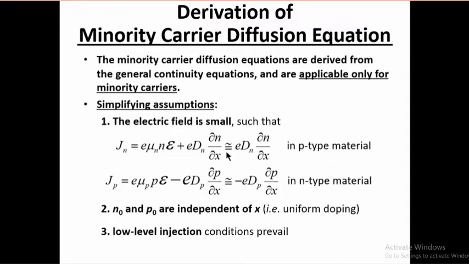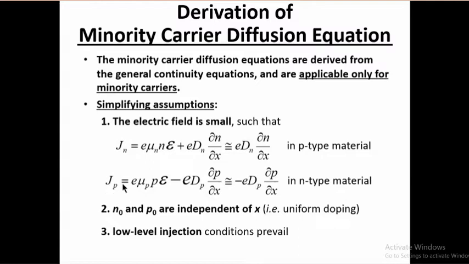You might say it's n, so why do you call it p-type material? We said minority carrier. What's the minority carrier in a p-type material? It's the n. I have majority p, minority n. So the current will be due to the minority carrier, which is E dn del n by del x. That's the diffusion coefficient, and that's when we derive the diffusion current.